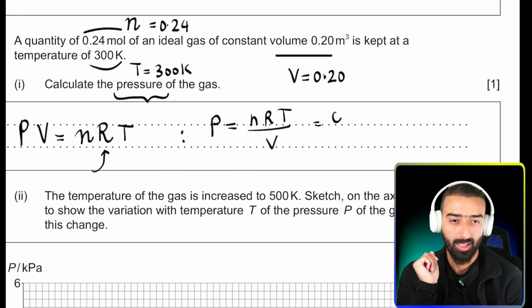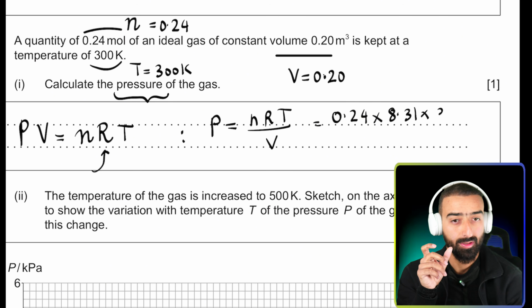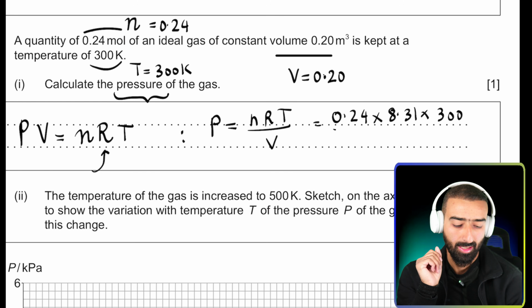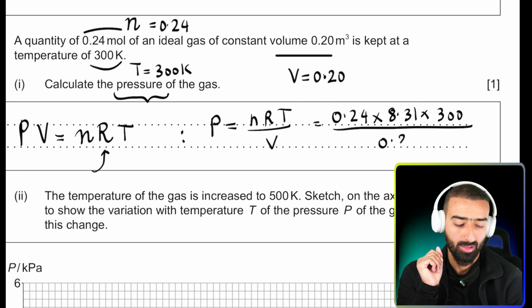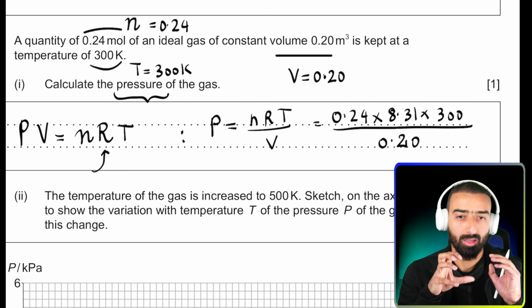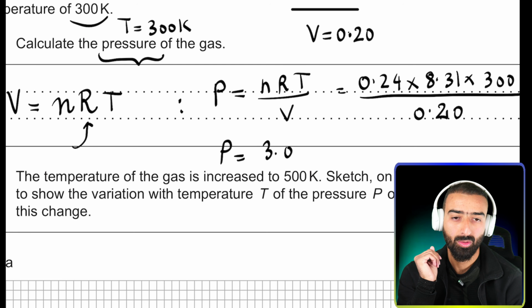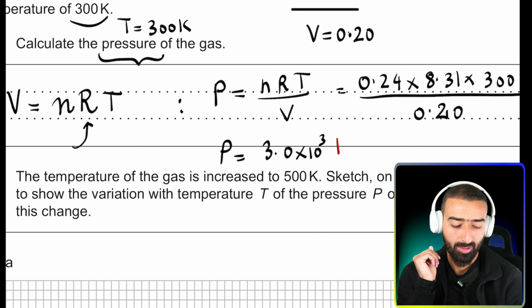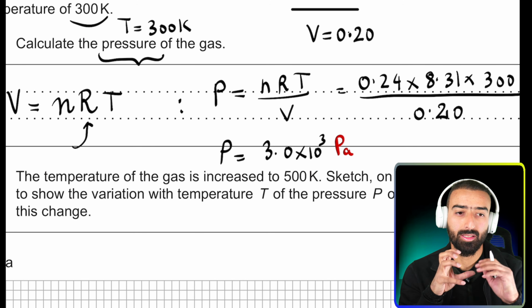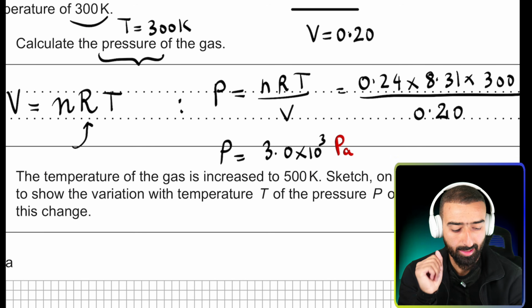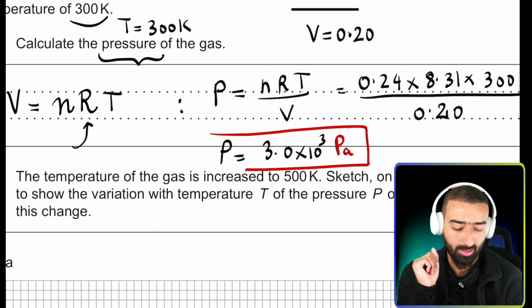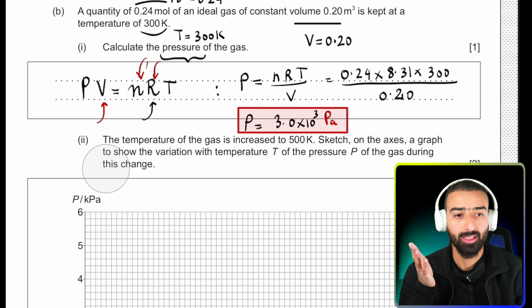We have n as 0.24, R is 8.31, the temperature is 300 Kelvin, and the volume is 0.20. So let's plug this in, and this gives us a value of about 3.0 times 10 to the 3. The unit of pressure is Pascal, also known as Newton per meter squared. Alright, that's good. We found the pressure of the gas. Let's move to the next part of the problem.